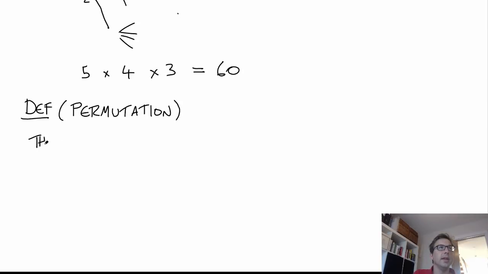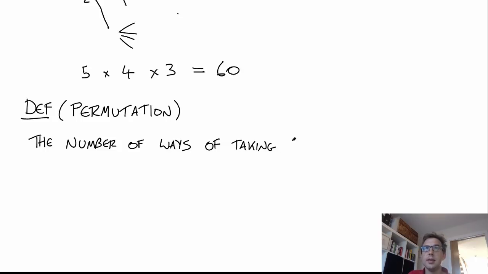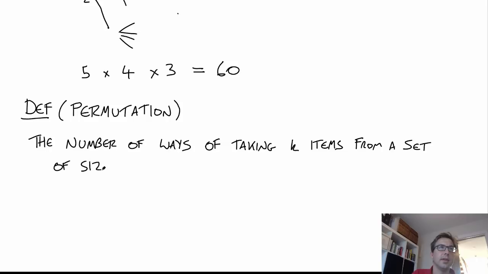It's the number of ways of taking k items from a set of size n. In this case we took 3 items out of a set of size 5.